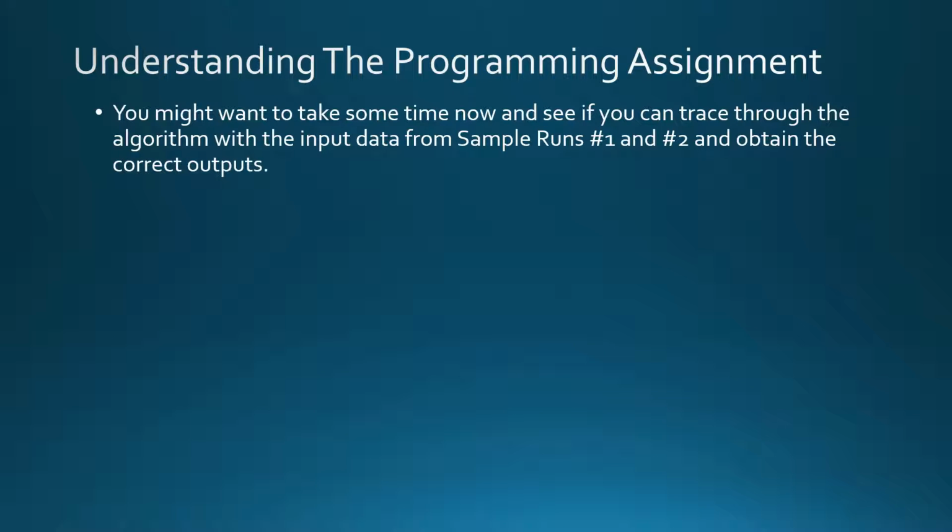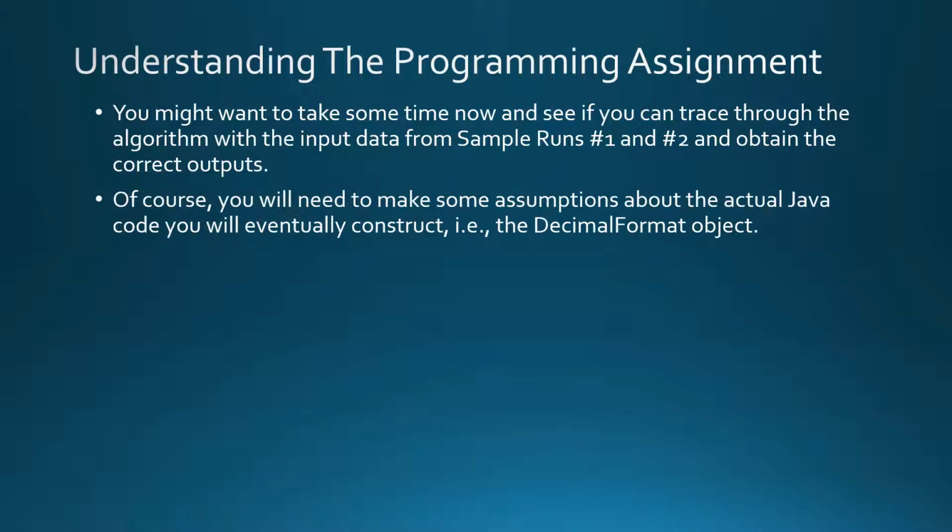Now, I recommend that you take some time now and see if you can trace through the algorithm with the input data from sample runs number 1 and number 2 and obtain the correct outputs. Of course, you're going to need to make some assumptions about the actual Java code you will eventually construct.